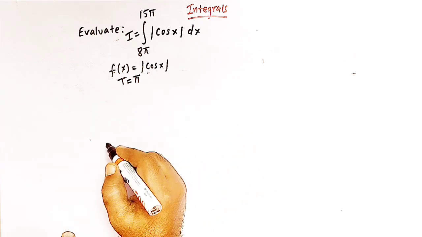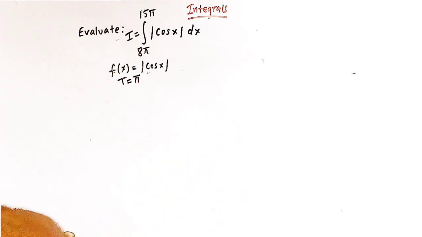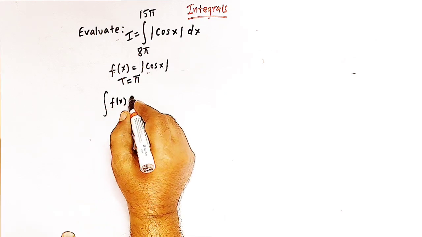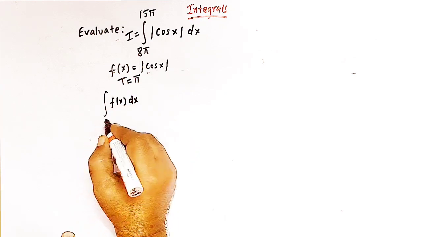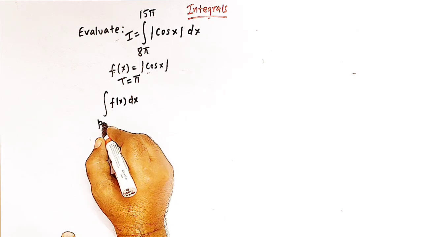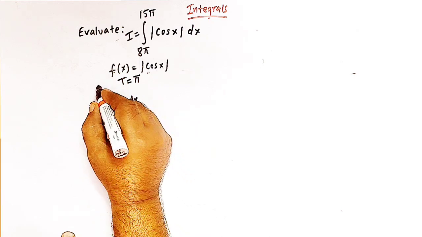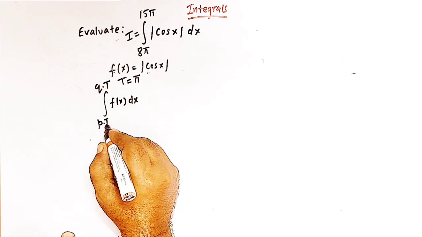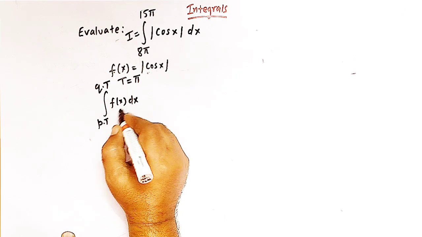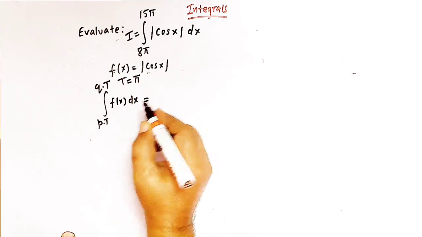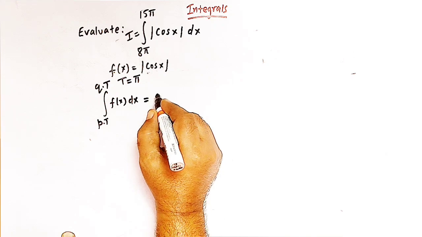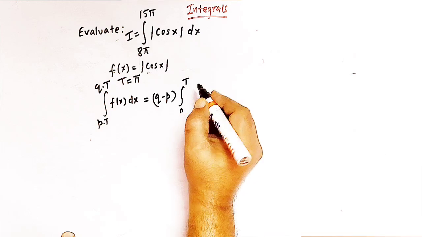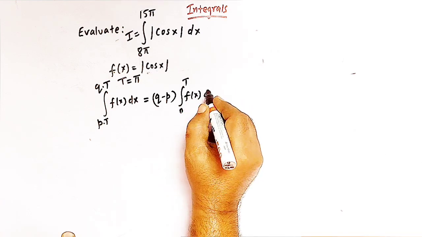From an important property of definite integrals, we know that if we have a periodic function f of x, and the lower limit is p times t and the upper limit is q times t, where p and q are some integers and t is the period of this function f of x, then the value of this integral is given by q minus p times the integral from 0 to t of f of x dx.